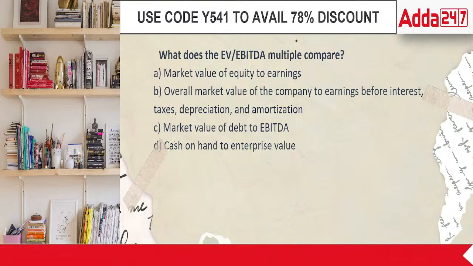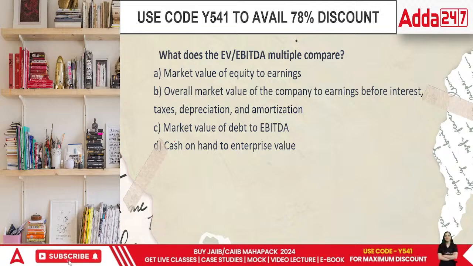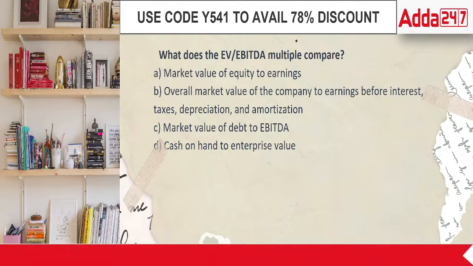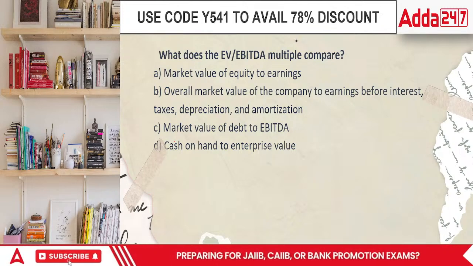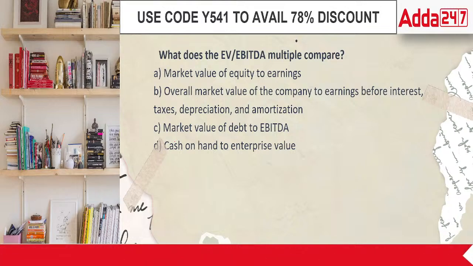It is market value of the equity to earnings. It is the multiple comparing market value and overall earnings, that is earnings before interest, tax, depreciation and amortization. Then the market value of the debt to equity, or cash on hand and enterprise value.